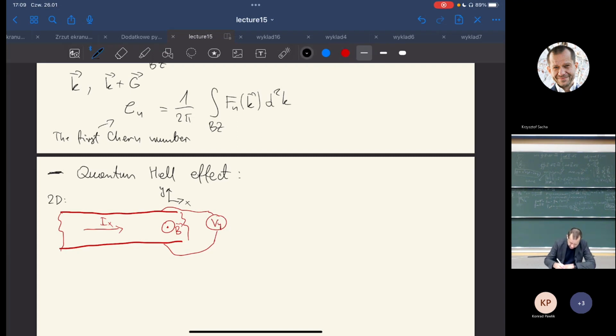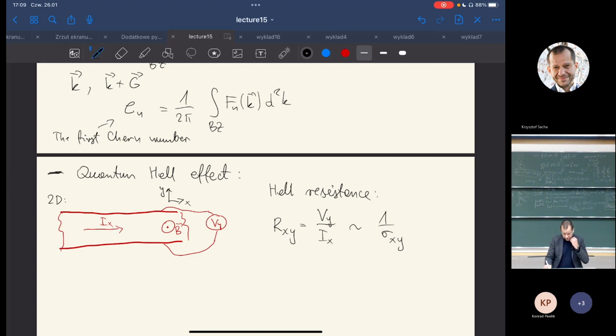Then we can define the so-called Hall resistance, which is the ratio of Vy over Ix, and in the Hall system it is inversely proportional to the Hall conductivity.